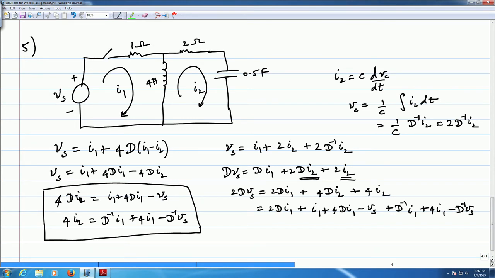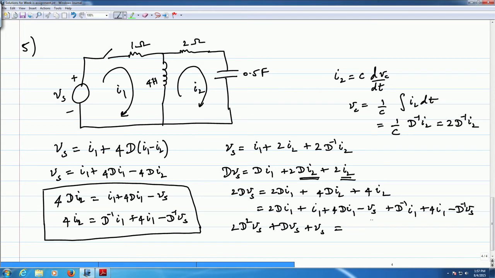So, we now have an equation involving Vs and I1. Now, I need to multiply by d and make sure everything works out correctly. If I do that, I get 2 d squared Vs plus dVs plus Vs. I am also moving the terms corresponding to the left hand side.